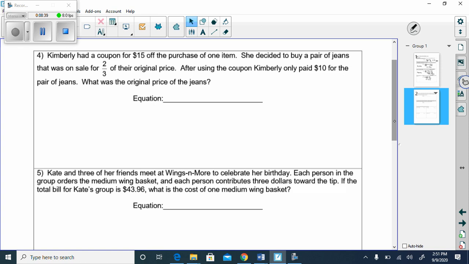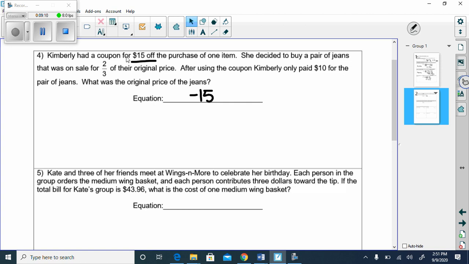After using the coupon, Kimberly only paid $10 for the pair of jeans. What was the original price of the jeans? They gave us quite a bit of information on this one. First, it says that we have a coupon for $15 off. If it's 15 off, what am I doing? Subtracting. Right. We don't know from what, but I do know I'm going to take 15 off of something.